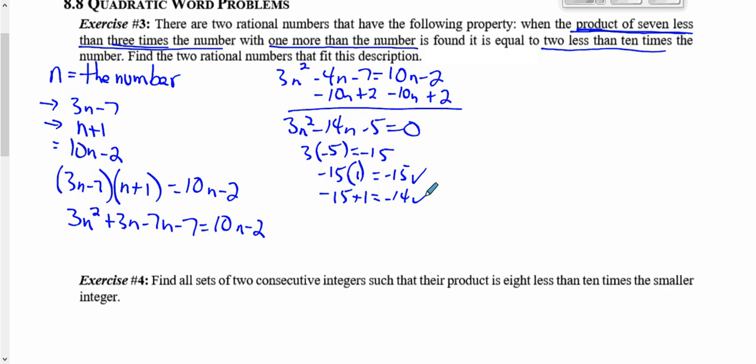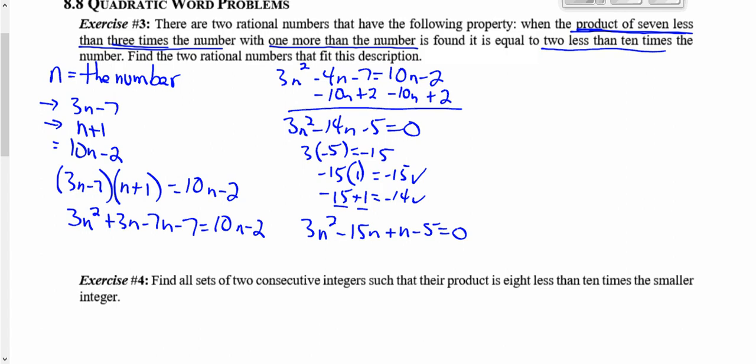Okay. We've got to split this middle term up into what, kids? Negative 15 and 1. So 3n squared minus 15n plus 1n minus 5 equals 0. Now we factor.